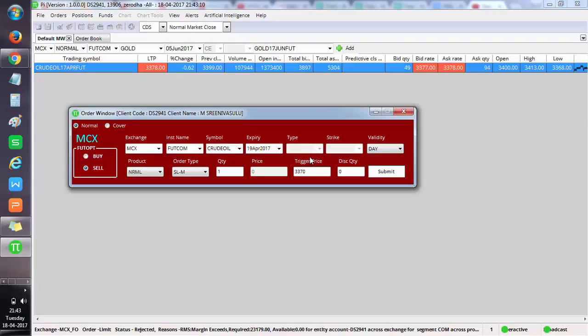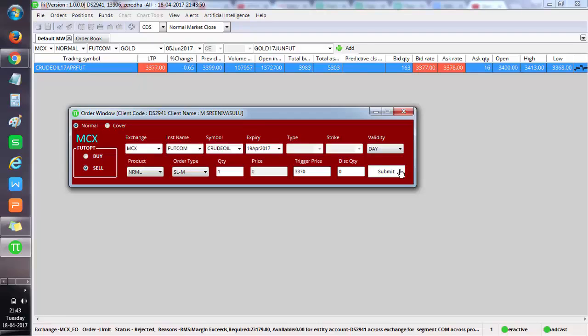The reason for this is we are selecting SLM, stop loss market. Stop loss market means the system will wait just for the trigger of 3370. Once the trigger is reached, your stop loss will get triggered around the same price, because the system will send a market order to the exchange. Remember, in SLM, once the trigger price is reached, the system sends a market order to the exchange. That's why we call it an SLM order. Okay, so I click on submit.